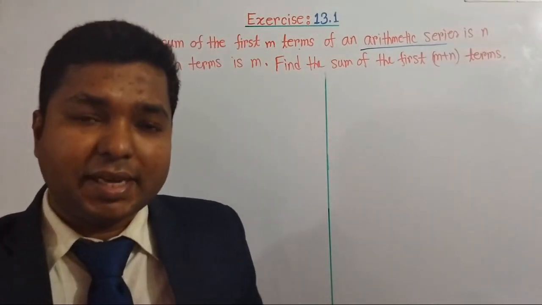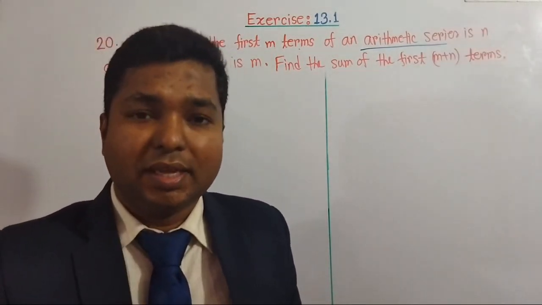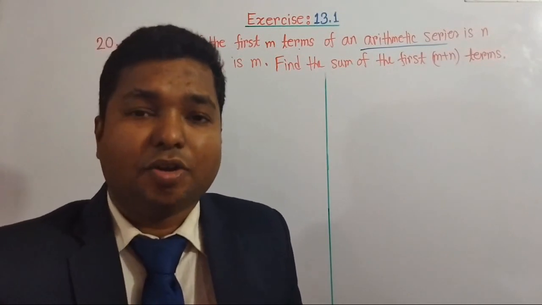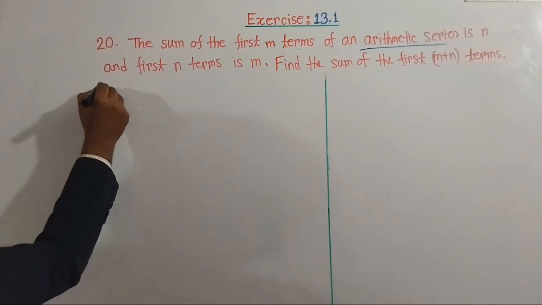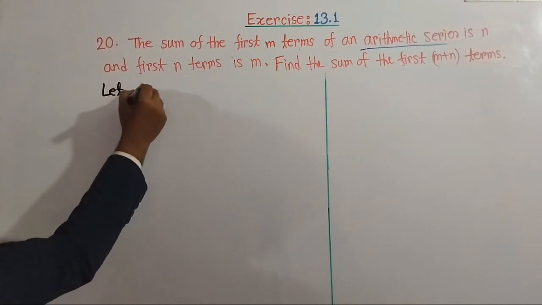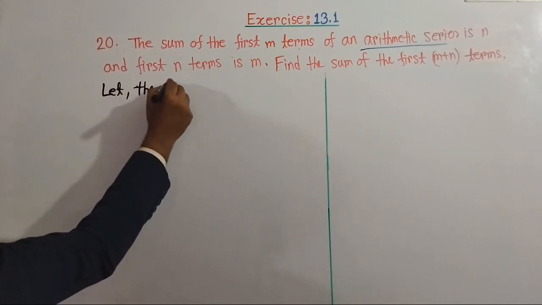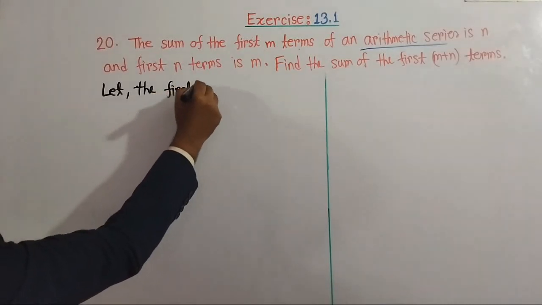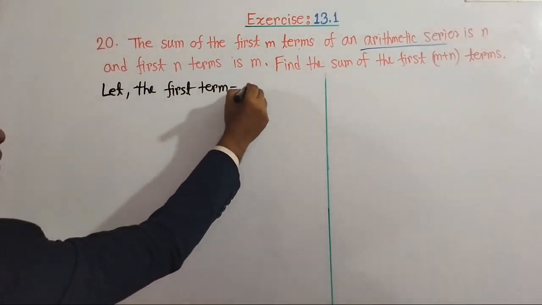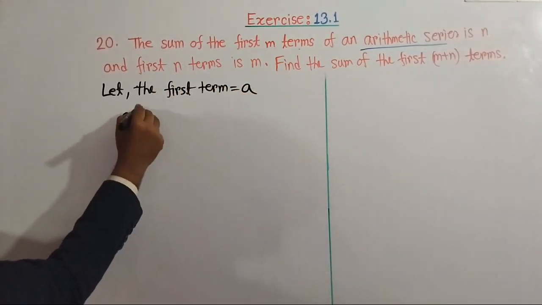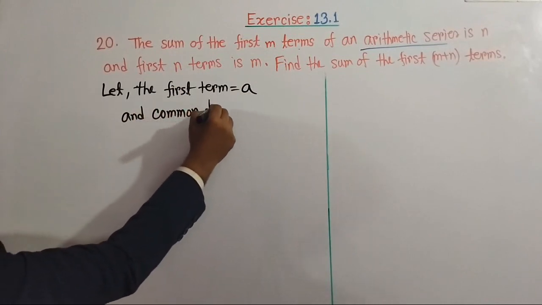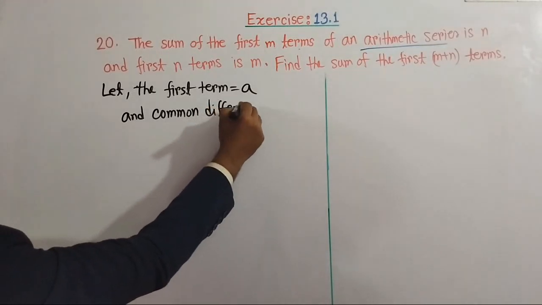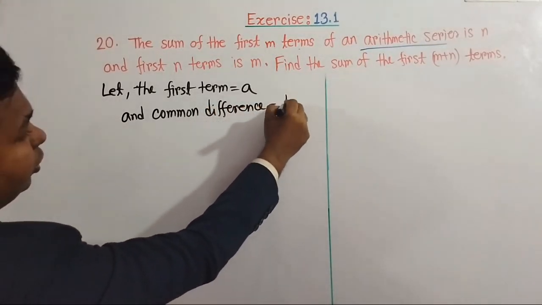In such a case, at first we have to let the first term as a and common difference as d. So at first we write, let the first term equal to a and common difference equal to d.